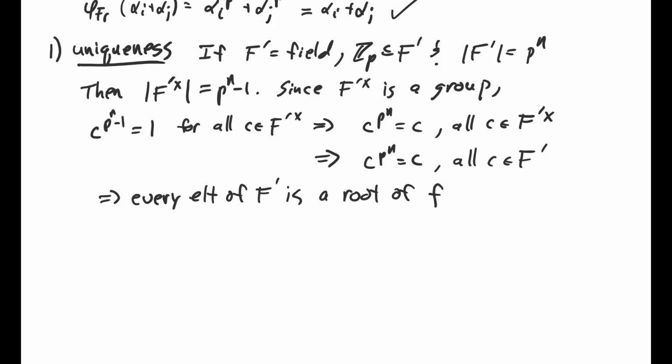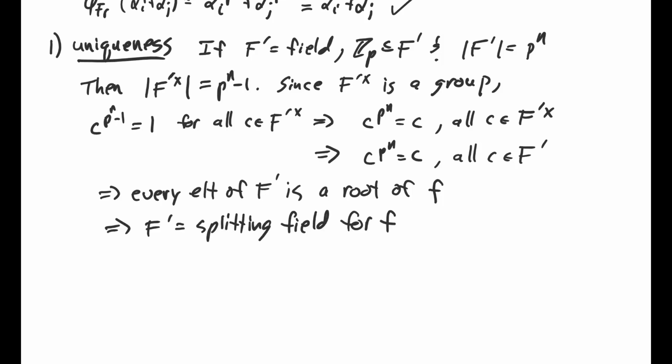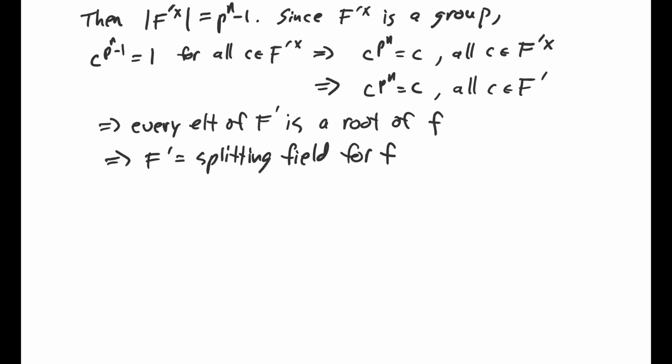In turn, this means that every element of F prime is actually a root of that polynomial f we started with. And of course, clearly that means F prime is a splitting field for f. And so that does the uniqueness, because we proved that every splitting field is unique up to an isomorphism. In fact, they're isomorphic by a Z mod p isomorphism.